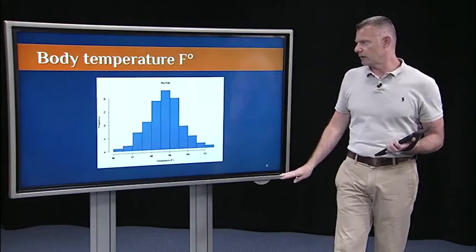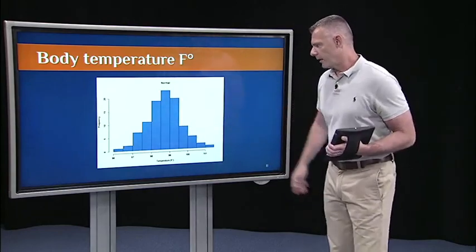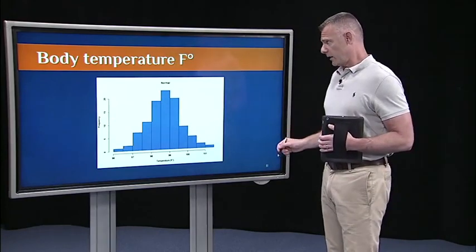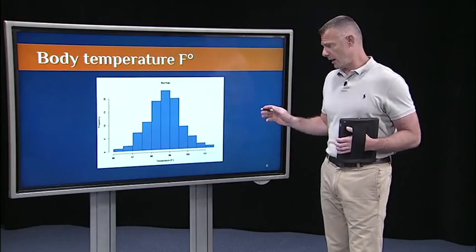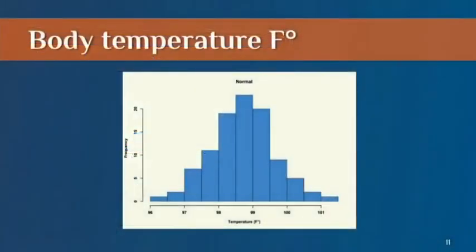So let's go back and look at histograms. So here's a histogram. This is from way back in the lecture on distributions. This is a histogram of body temperature in degrees Fahrenheit. It's a normal distribution. If you're not used to Fahrenheit, the normal average body temperature in Fahrenheit is 98.6. And you can see that's like right about here.